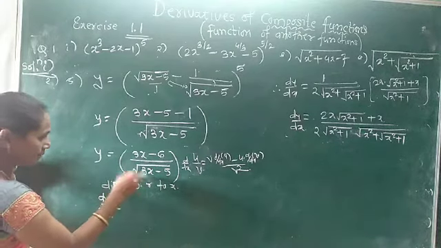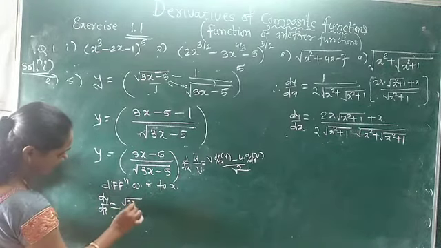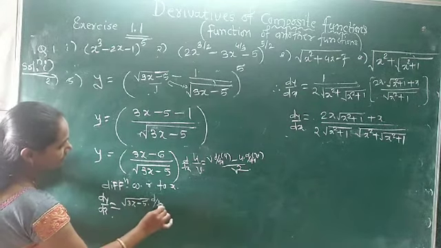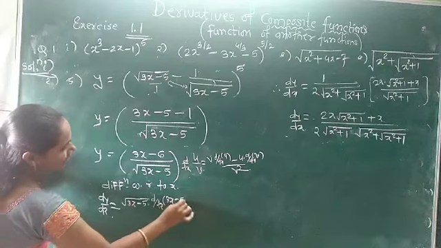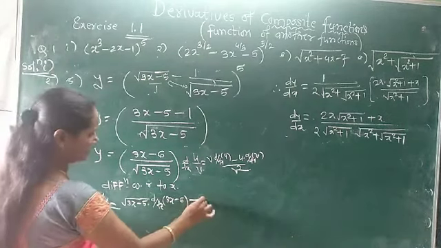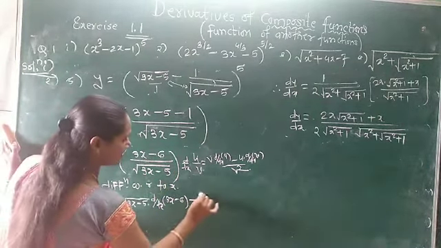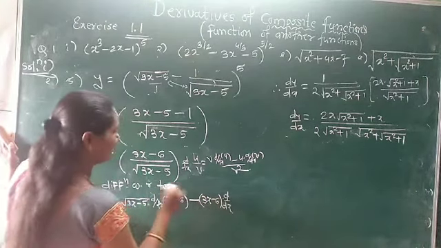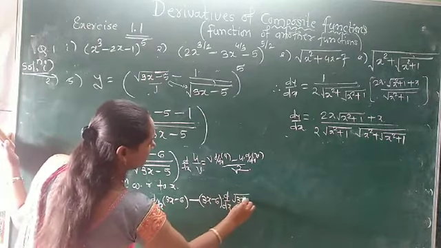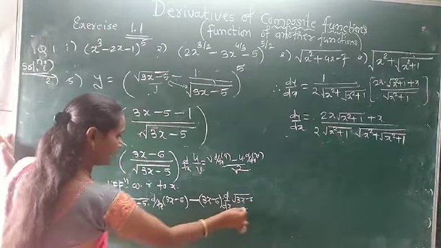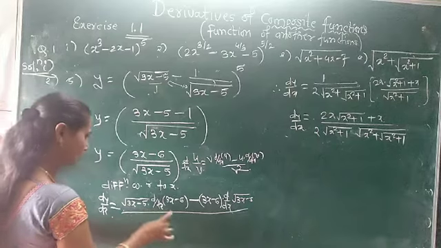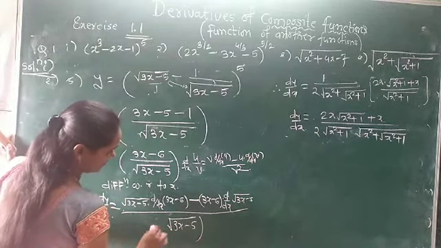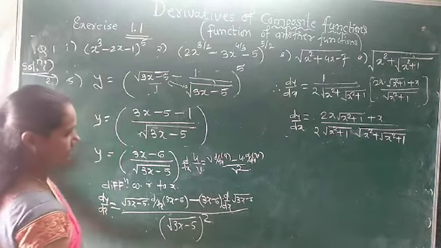First keep the second as it is, root 3x minus 5, and take the derivative of u, 3x minus 6, minus, now keep u as it is, 3x minus 6, and take the derivative of v, root 3x minus 5, and divided by the denominator square. What is the denominator? Root 3x minus 5 in bracket square.